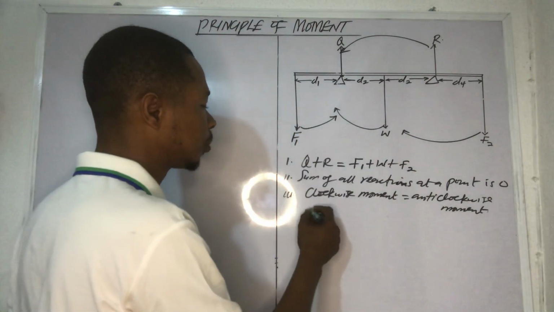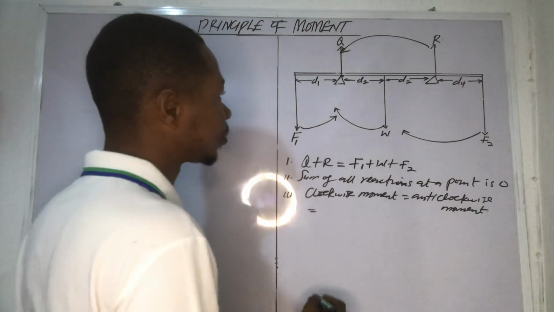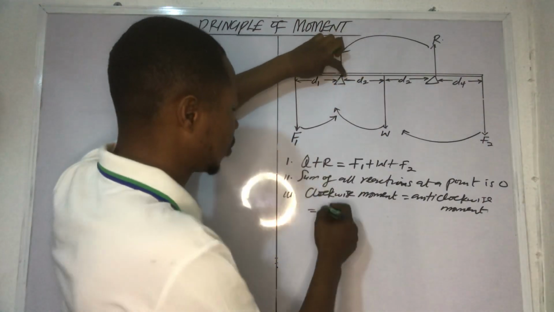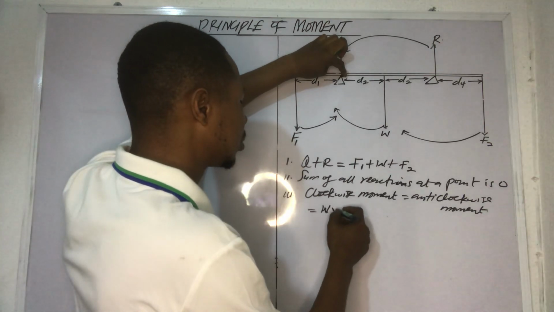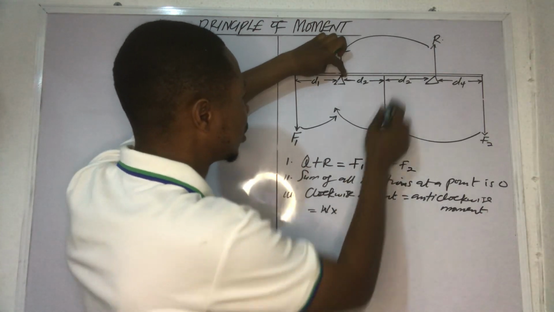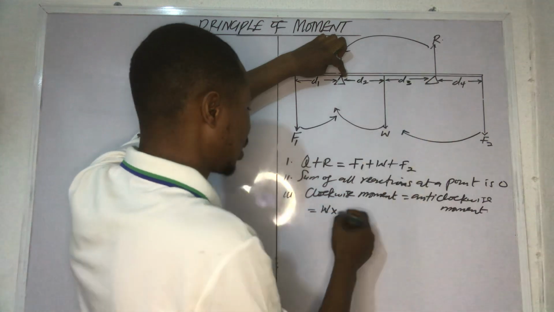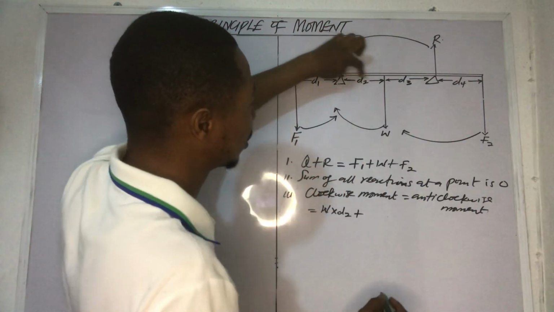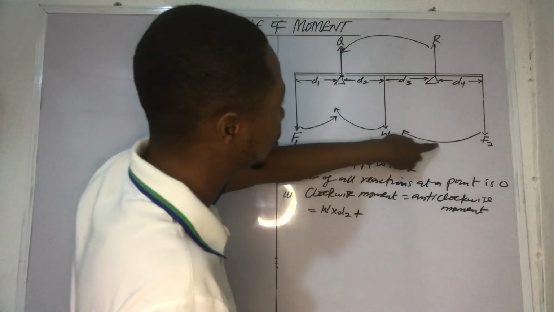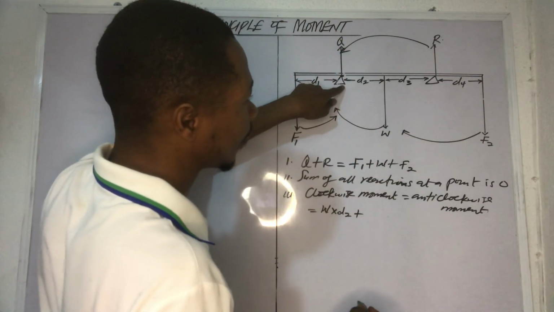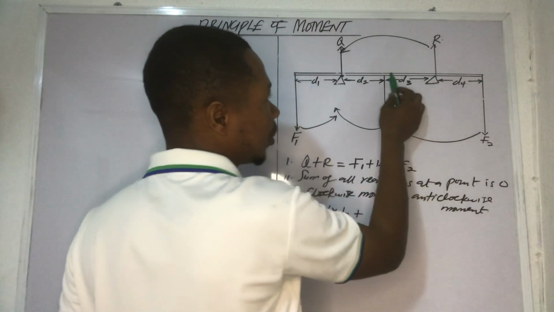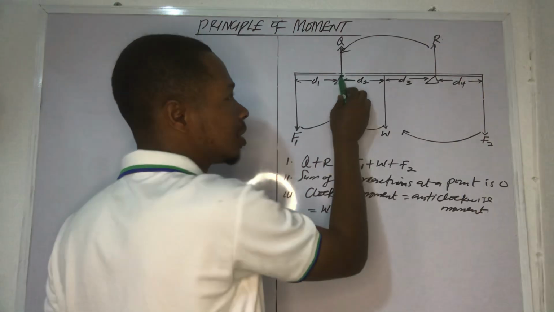Then the clockwise moment in that case should be equal to this force times the distance from here to this place. So you have W times D2, plus the other clockwise force, F2.